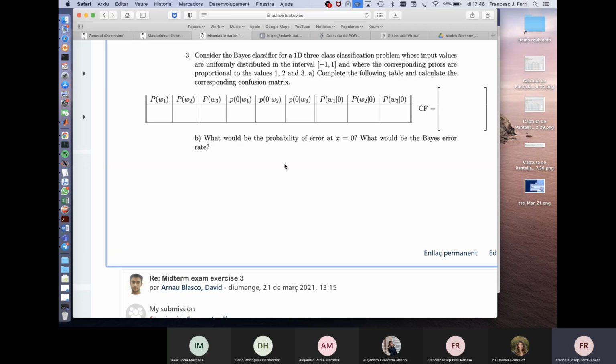But anyway, we have to understand the problem first. The most important thing here for this particular problem is that all class conditionals are the same.